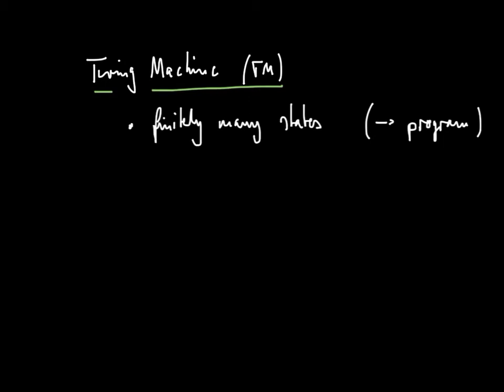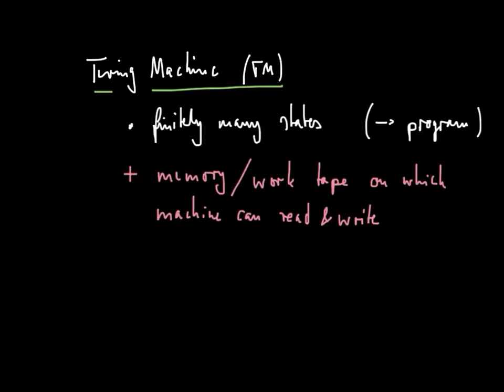A Turing machine has in common with a finite automaton that it has only finitely many states. But now you should think of those states as a program, where each state represents a line in the program. But in addition to this, a Turing machine has a memory, often called a work tape, on which the machine can read and write. So that's the significant difference.